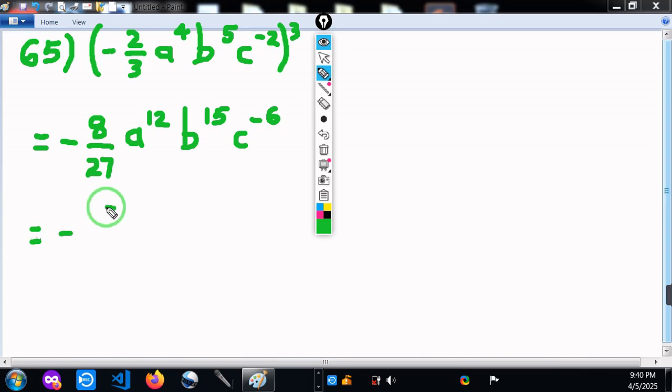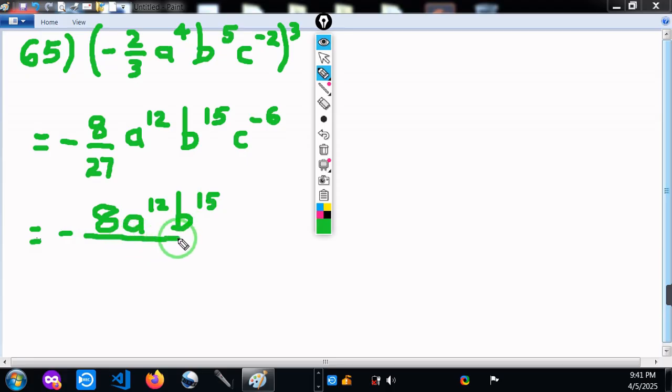And then I will go and do one more step. Minus the 8, numerator, I write there. The a to the power of 12, numerator, I'll write there. The other numerator which follows is the b to the power of 15. Then downstairs I'll do a central division.